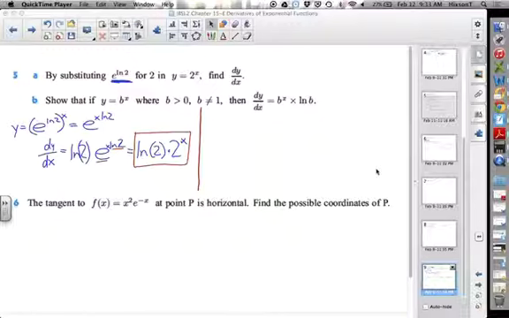Well, here what we did is we substituted e to the ln of 2 in for 2, and when we simplify, you multiply the exponent, so it's e to the x times the natural log of 2. Now we can take the derivative because we have an e to the x. The derivative of e to something is e to that something.